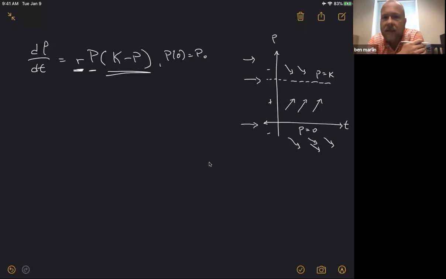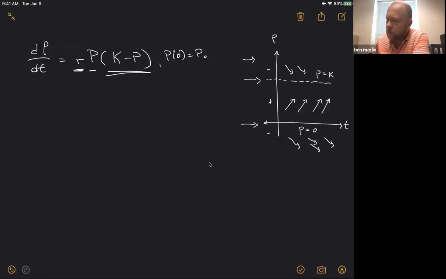But anything that is in between those, you will end up having the P value be positive and K minus P will be positive. So that means that you're going to have a positive growth rate, and that's when you have things going upward. So the shape of the curve ends up being kind of an S shape, and it has P equals K as an asymptote.